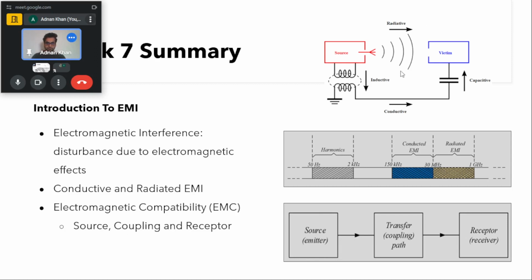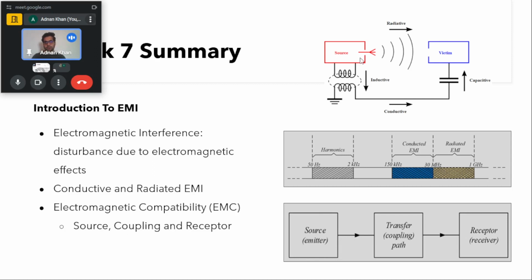The EMI radiated from the source will then travel to the victim, and it will depend upon the placement of the source with respect to the victim. It can be very far, or very close, which determines the extent to which it can affect that particular component or part of the converter.